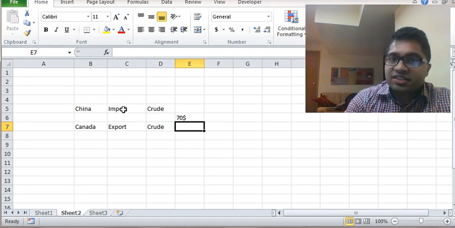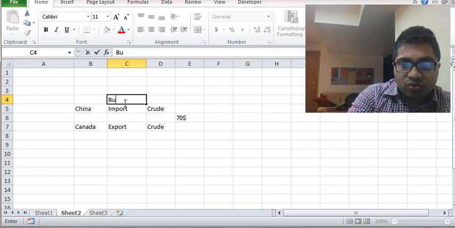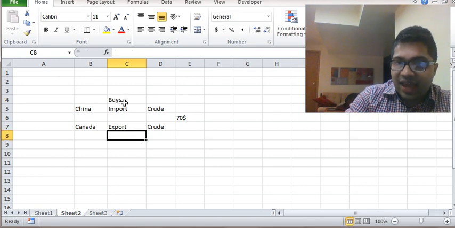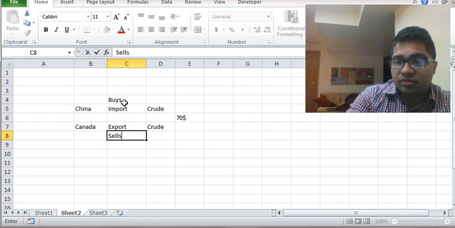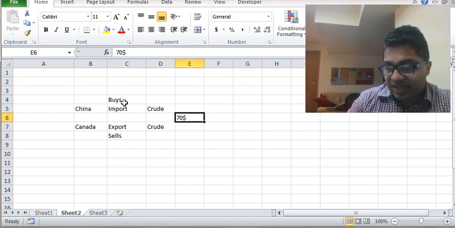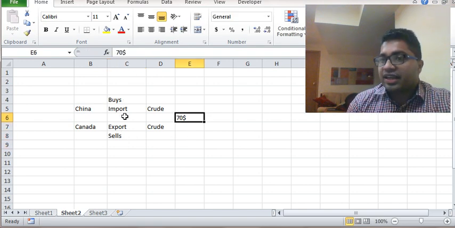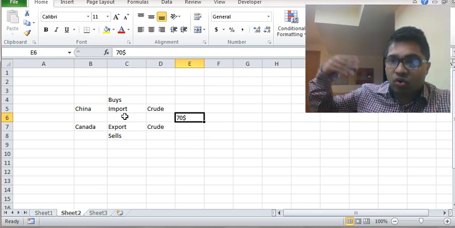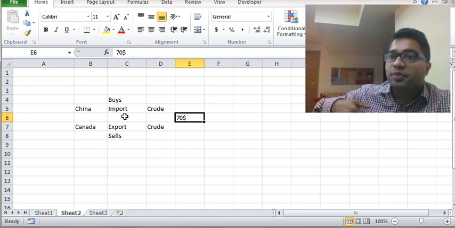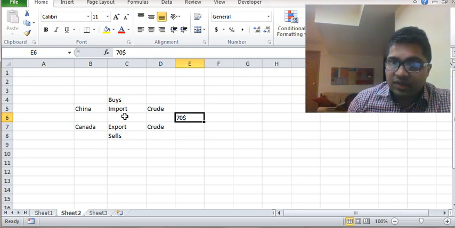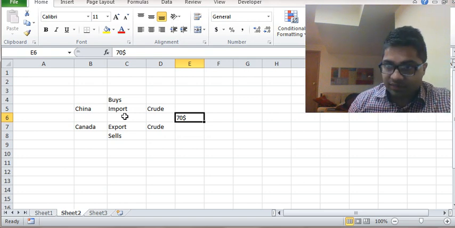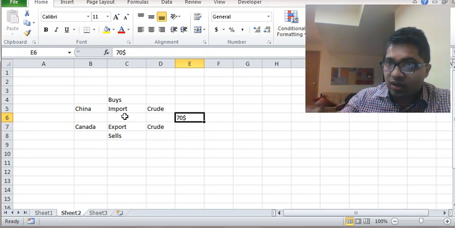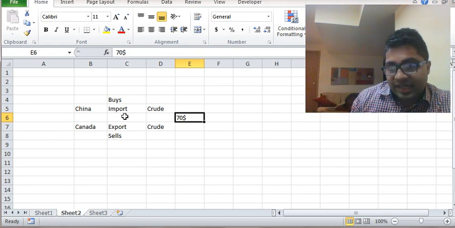So what is the risk that China faces because it buys crude? And what is the risk that Canada faces because it sells crude? So the risk that they face is, China is currently able to buy crude at $70. In future, the crude prices may go up and it would have to pay more to buy the crude. Canada has an opposite risk. Canada is able to sell crude at $70 right now, but if crude prices start going down, it will have to sell crude at a lower price.